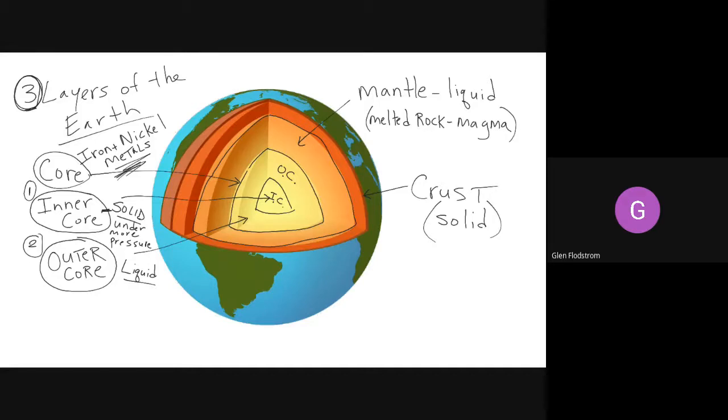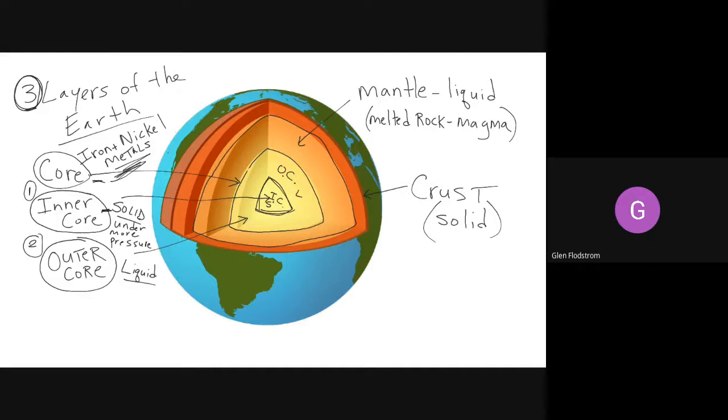Just like anything that's heavy or dense, it's going to settle to the bottom or to the middle. So this is why the entire core is made of metals. Now the difference is the state of matter. The inner core is a solid, and the outer core is liquid.